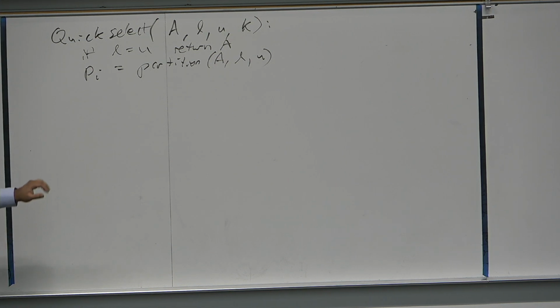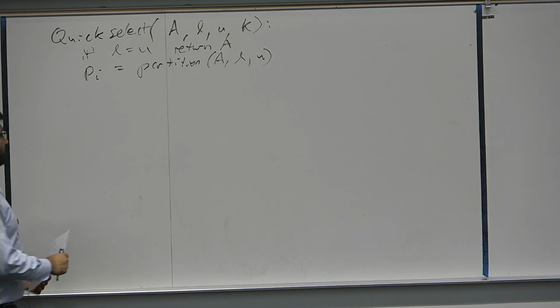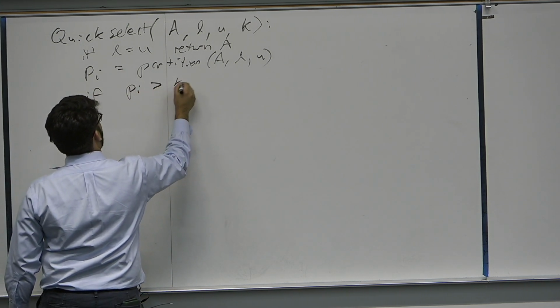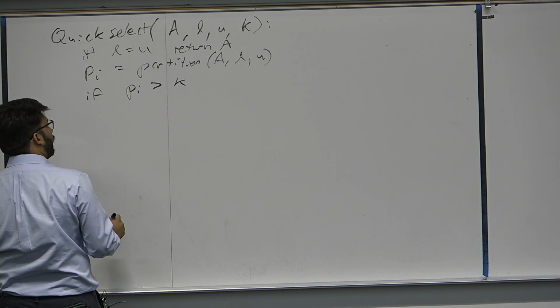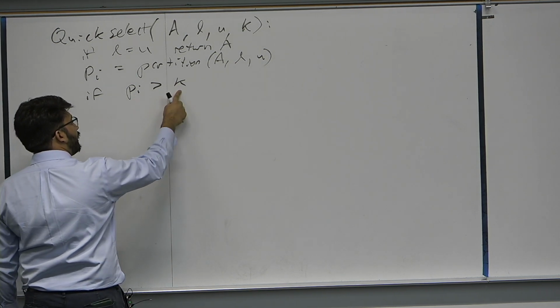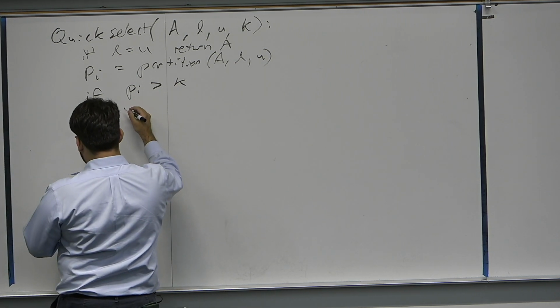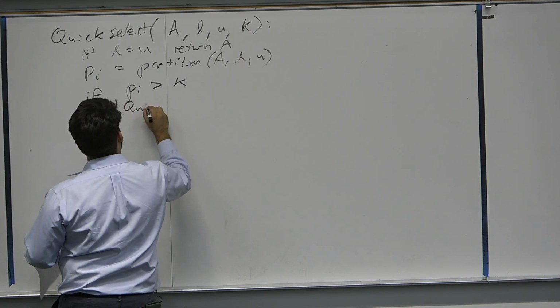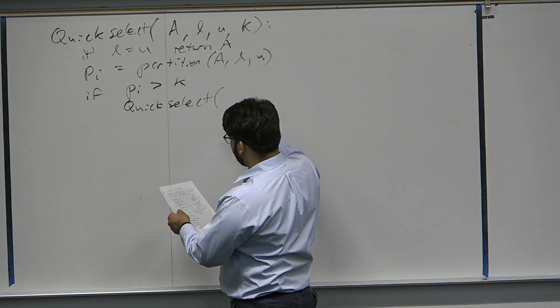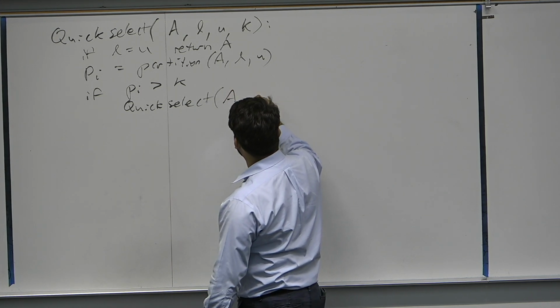At this point in quicksort, we would recursively sort everything below the pivot and everything above the pivot. But instead, we're going to do two cases. If pi exceeds k, where pi is an index, so if the pivot we're given is above k, then we recursively quickselect on the left half.